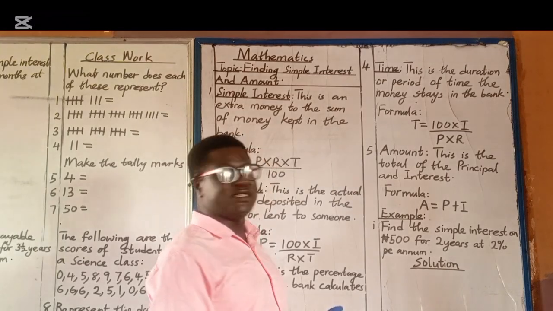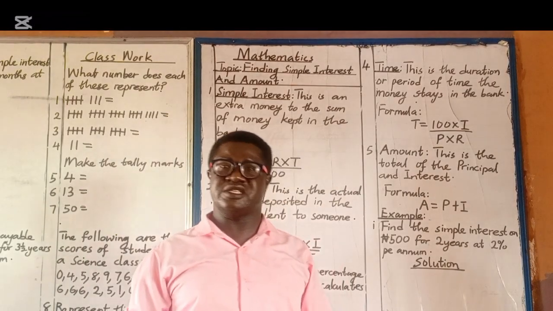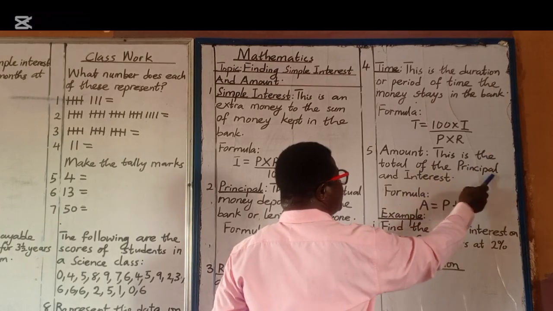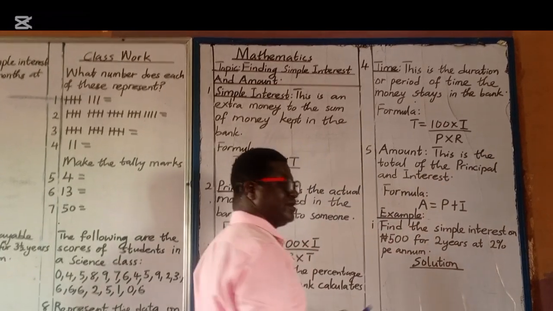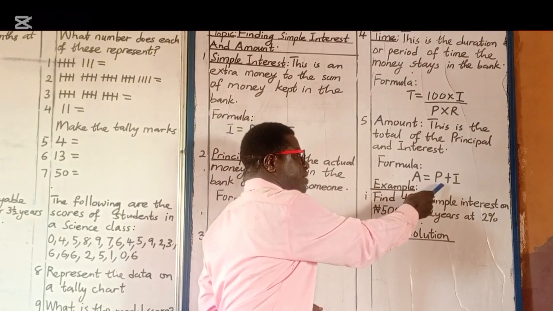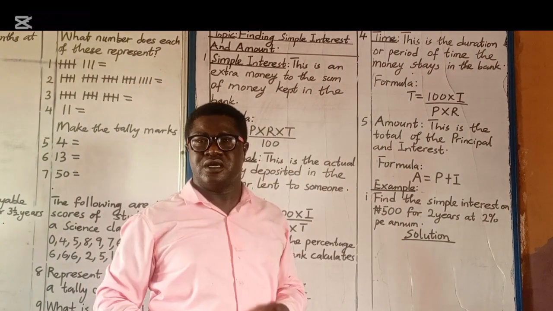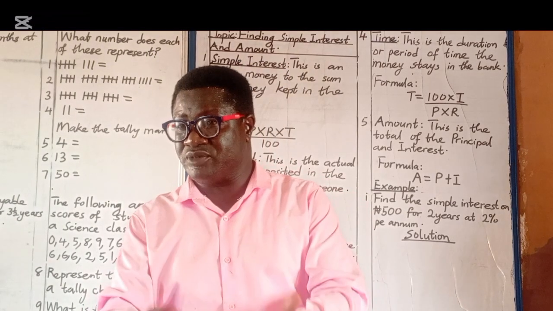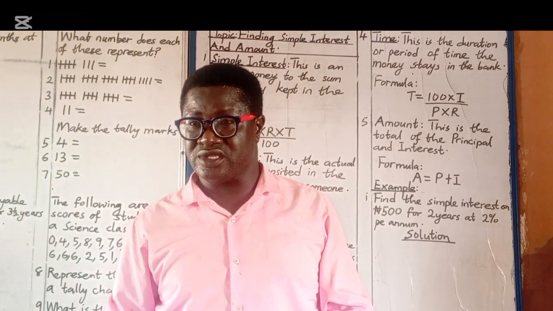Then the next concept that I'm going to explain is amount. Amount is the total of the principal and interest. The formula says amount equals principal plus interest. For instance, let's say you kept your money in the bank for some years.